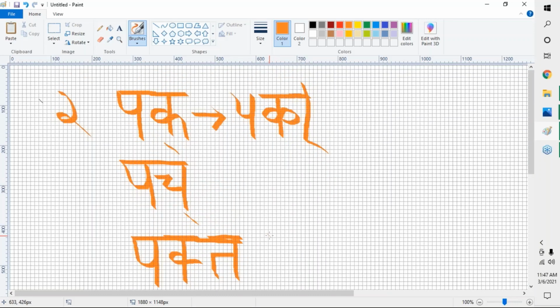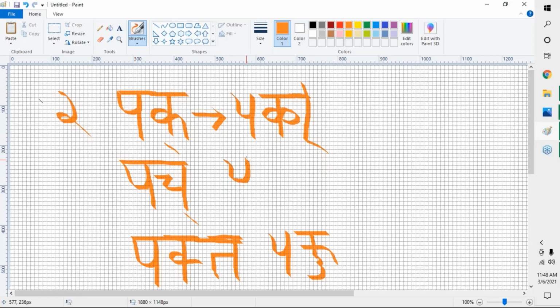Let's see that. So this is half, and then this is third. Here, even though it is half, because something is coming after that, we will not add halant, we will add the other letter below it. But here, because this is at the end, this halant is at the end, we always use the same halant here.